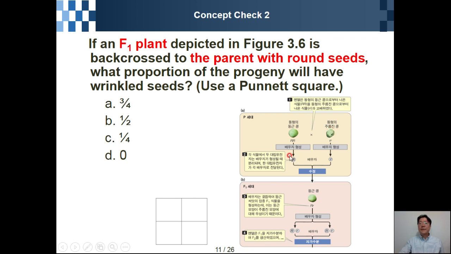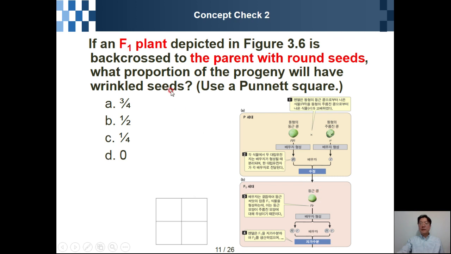So in the gametes, one gamete has the large R, and one gamete has the small r. So after fertilization, the F1 generation genotype will be large R, small r. How about the phenotype? The phenotype will be round like this.